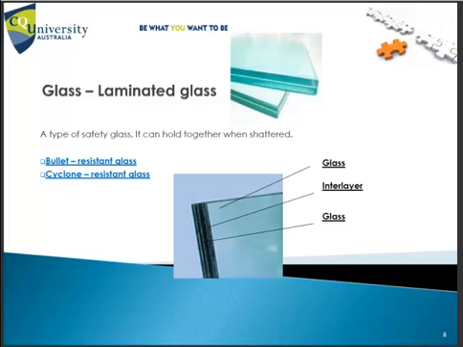It can hold together when shattered, and that's why it is called safety glass. As you can see from here, there are three layers. The bottom layer is glass, and the top layer is glass. The interlayer holds the top and bottom layers together. That's why it does not break into parts when shattered.